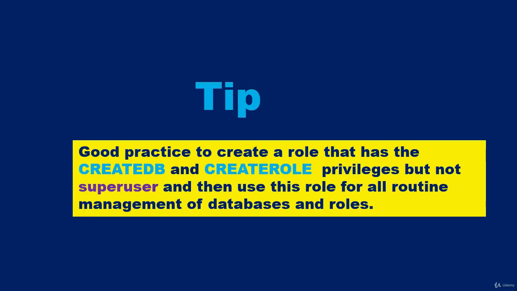I just want to give you a tip here for good practice on creating a role. It is good practice to create a role that has the create DB and create role privileges, but not super user privileges. Okay, and then you use the role for routine management of databases and roles.